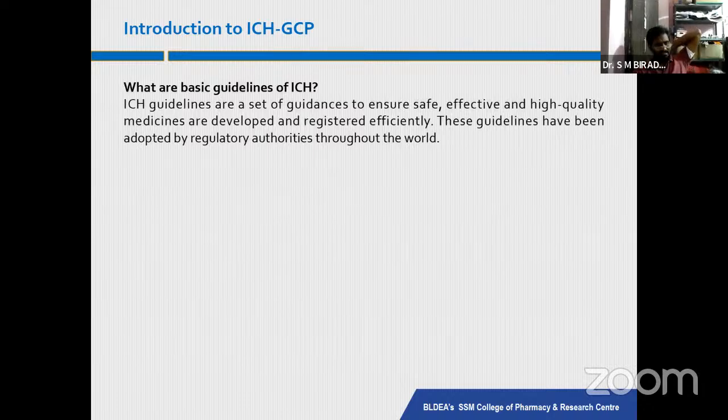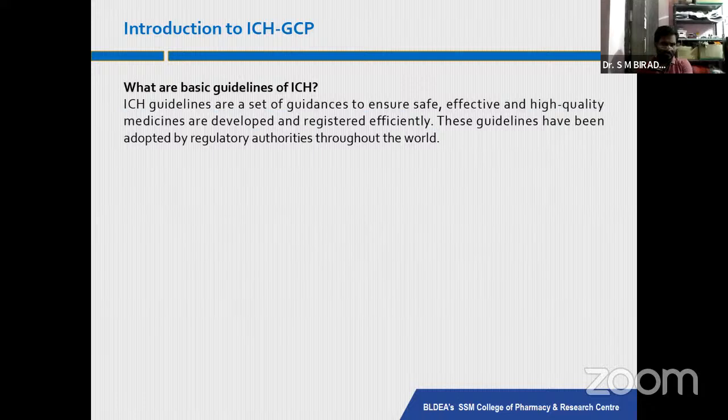And what are the basic guidelines of ICH? ICH guidelines are a set of guidelines to ensure that the safety, efficacy, and high quality of medicines are developed and registered efficiently. Meaning what is certified by ICH is safe, effective, and registered for its standards.